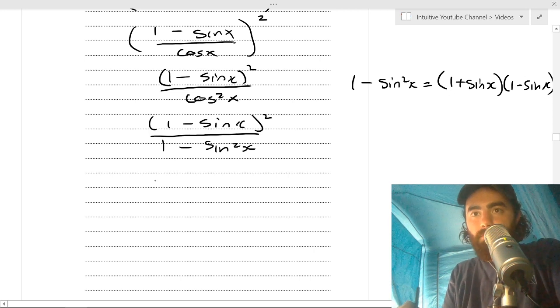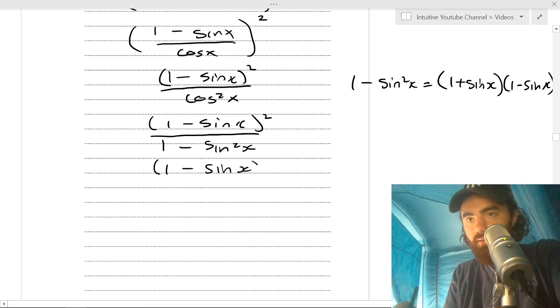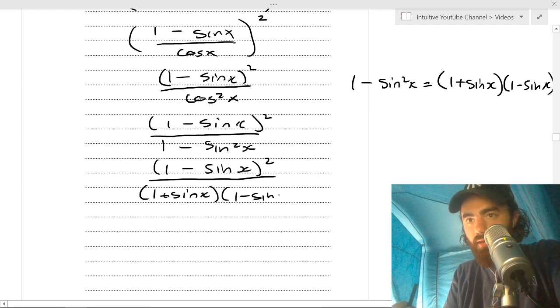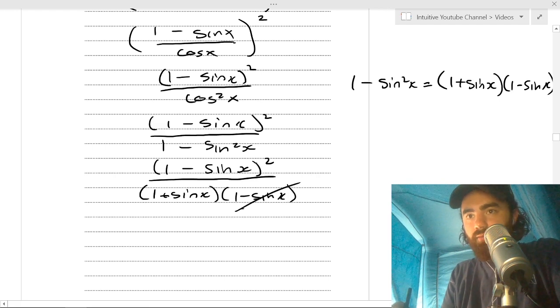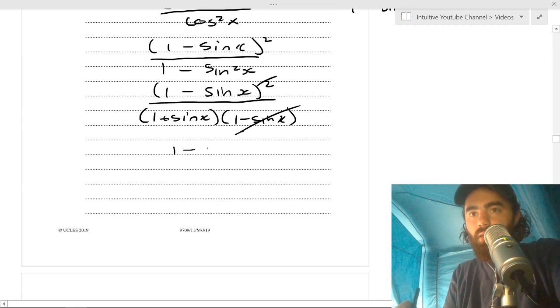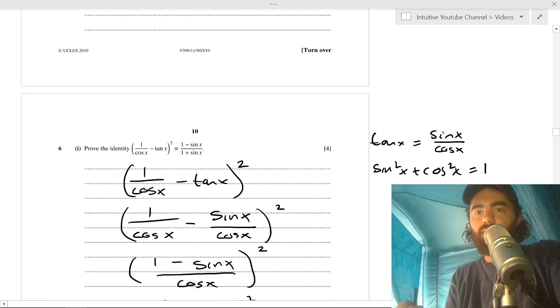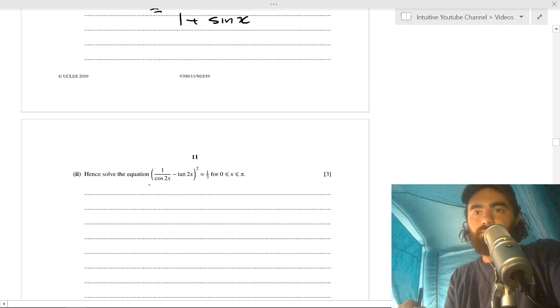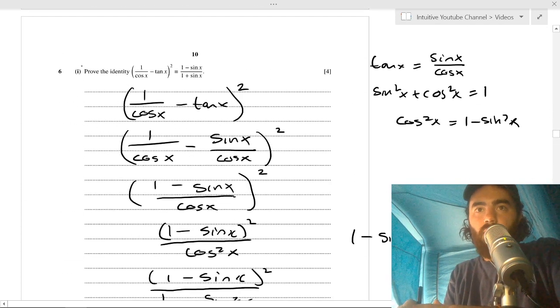So this equals 1 minus sine x squared over 1 plus sine x and 1 minus sine x, and then we can cancel these, and voila, we get what we wanted. So there we go, we've shown that this is equivalent to this. 4 marks.